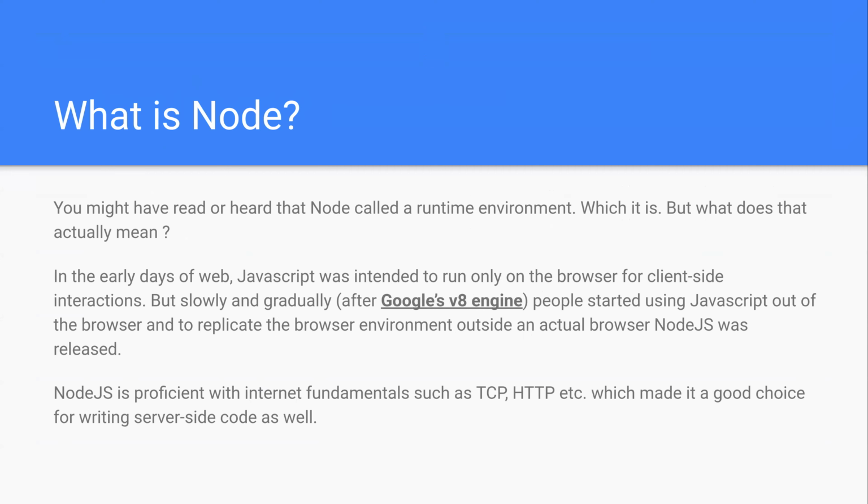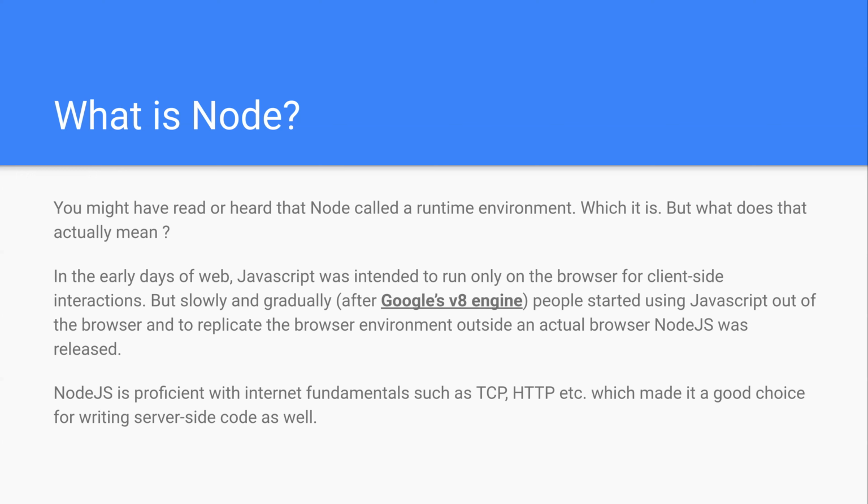But then at some point, if my memory is correct, starting 2009, and thanks to Google's V8 engine that we will discuss now, we started using JavaScript out of the browser and replicate the browser environment outside of it. And that's how Node.js was released, as basically a way to write JavaScript on servers and have it run on the machine instead of basically being interpreted by a browser.